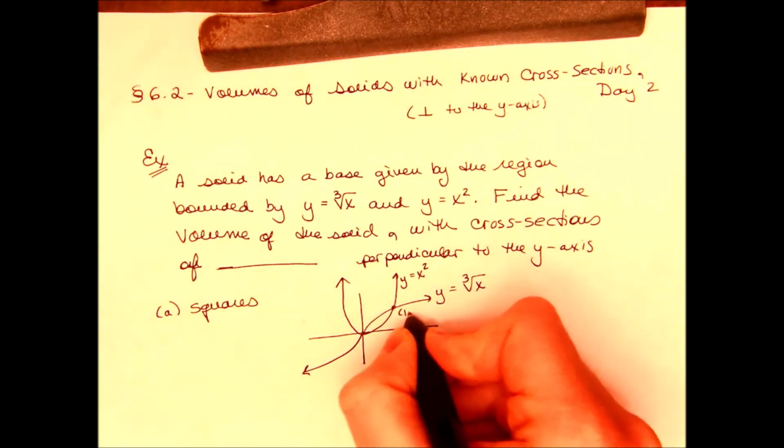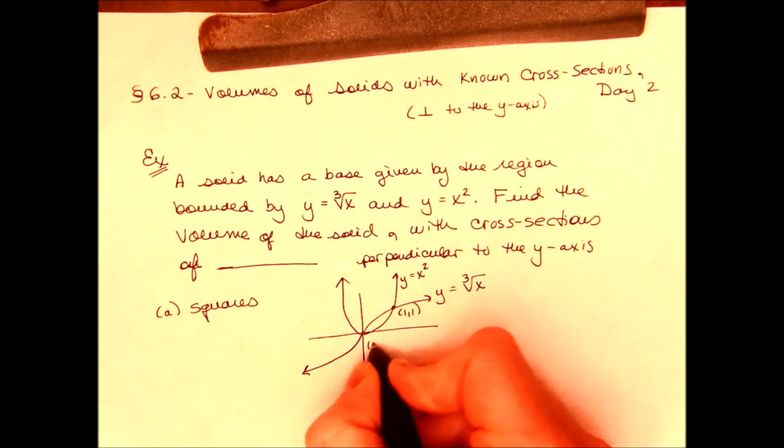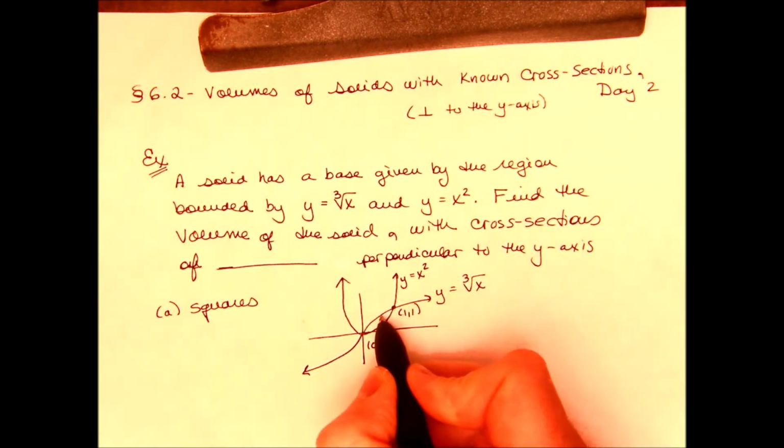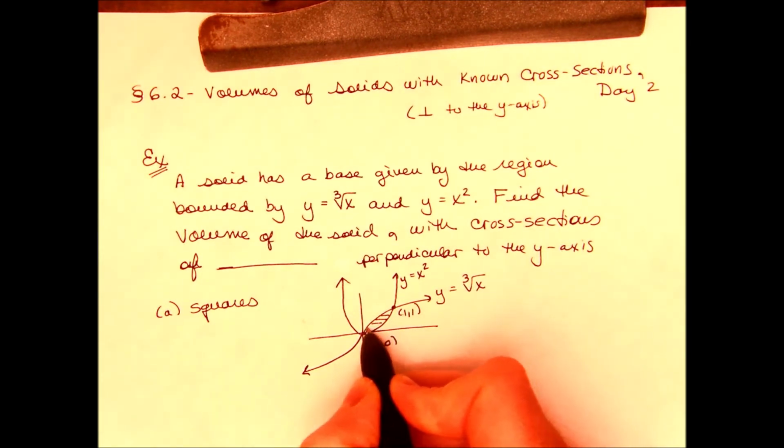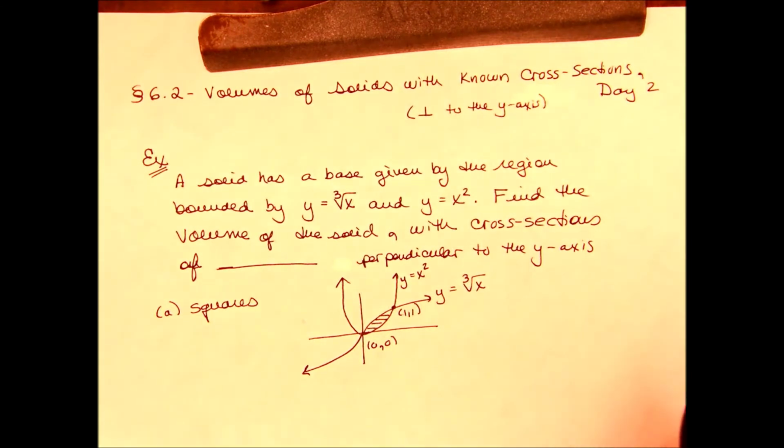They intersect at 1, 1 and 0, 0. And my cross-sections are looking like this. Those are bases, in this case, of squares sticking out of the page towards us.